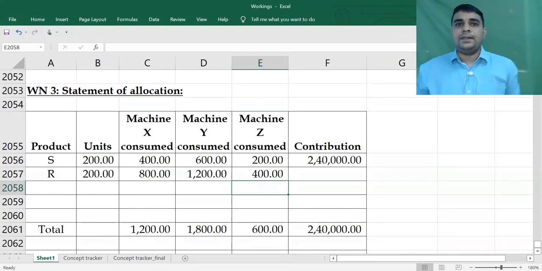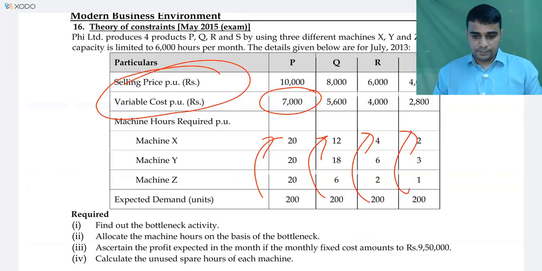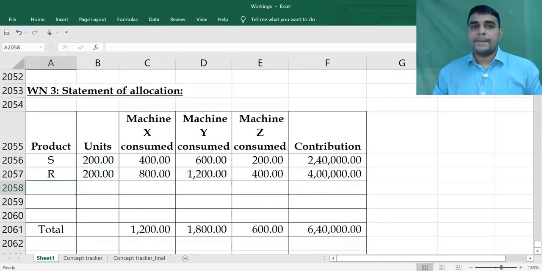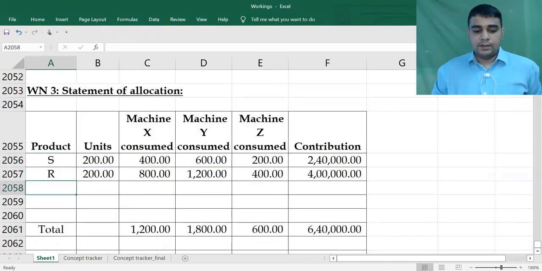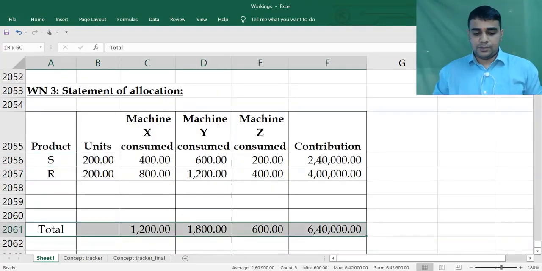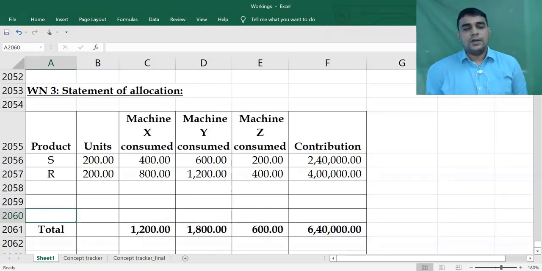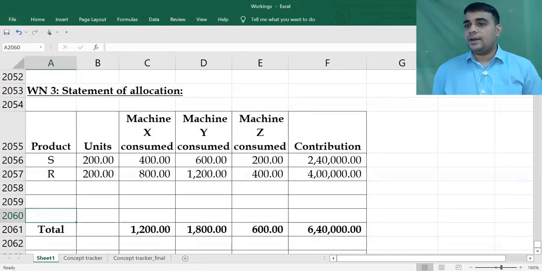I will have to keep in mind that the 6,000 limit is not breached. Into 2,000 rupees. This total you need not put now, as we keep adding finally you can put this. This also looks fine. I am able to meet the requirement. Any doubts on this?